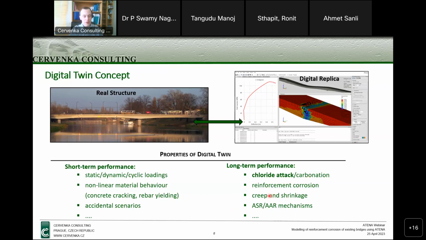And furthermore, you can account for creep and shrinkage, and also for the alkali-silica reaction and subsequent degradation of the material performance and of course structural performance. So today I would focus on this first part, which is the chloride attack and how it results in reinforcement corrosion.